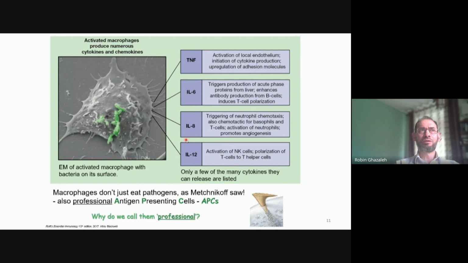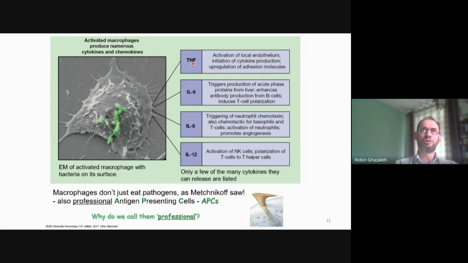Actually, macrophages produce a huge number of types of cytokines, and this is only a small selection of the different cytokines that they produce. Remember, a cytokine is something which is produced by one cell, which induces an effect, often movement, from another cell.